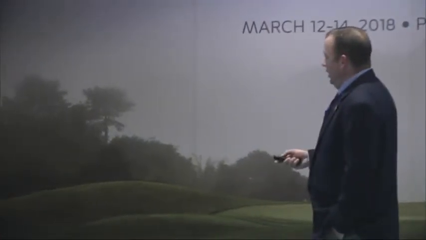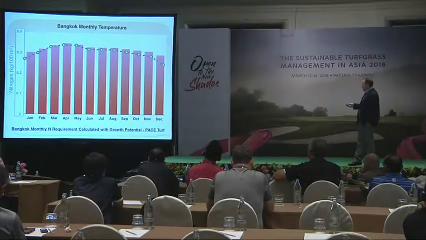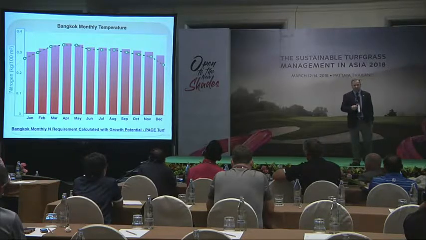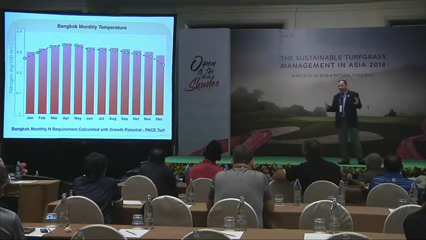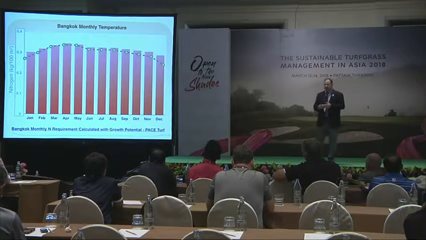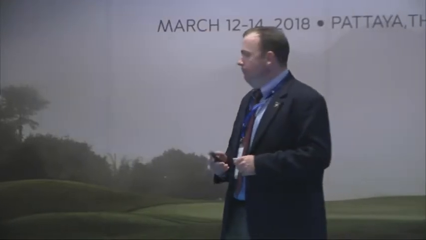And for me, when I look at the Bangkok monthly temperature and I see it flatlining, when you look at the nitrogen rates put out by this growth potential model, they also flatline at the same kind of rates. So putting that kind of information together, along with your experience, can give you a guide of how much nitrogen perhaps you should be putting down.